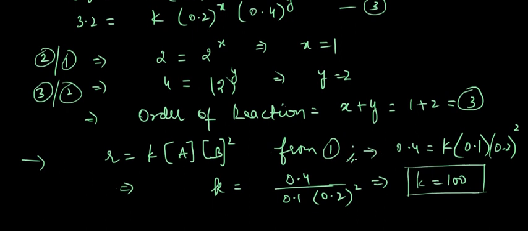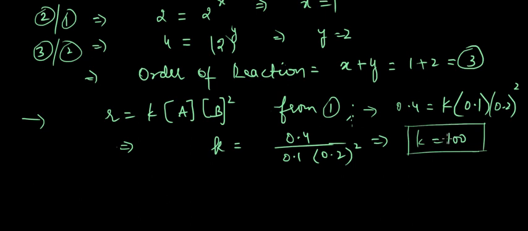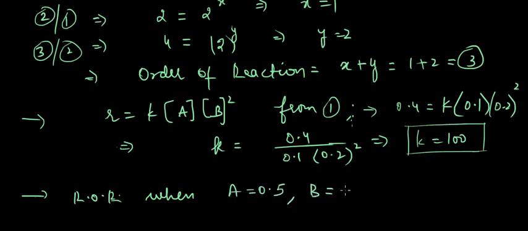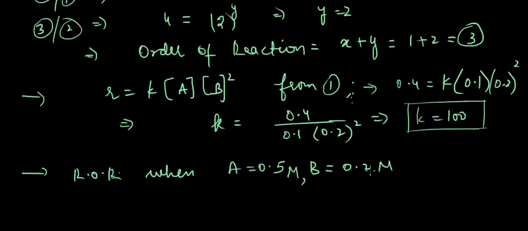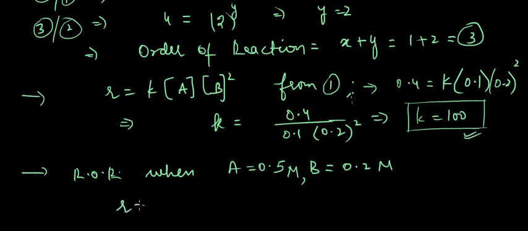Okay, and next, what would be the rate of reaction when A is 0.5 M and B is 0.2 M? We already know the value of K, which is 100, so just put it here.